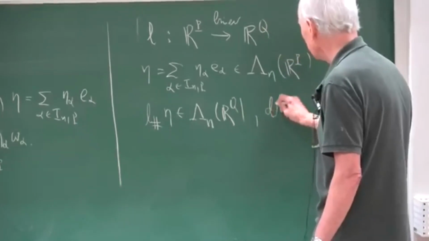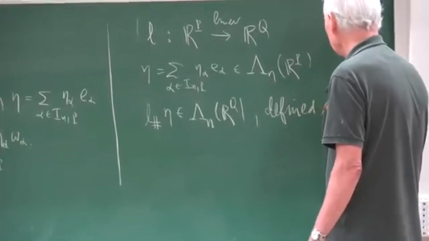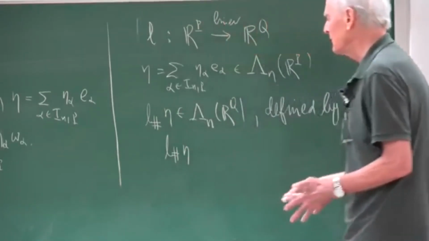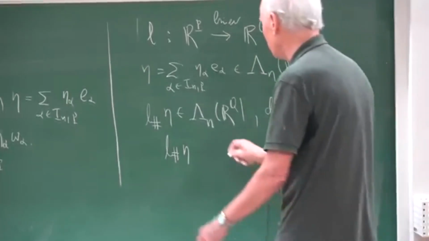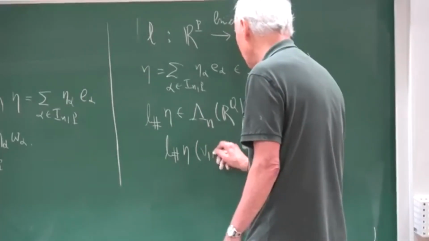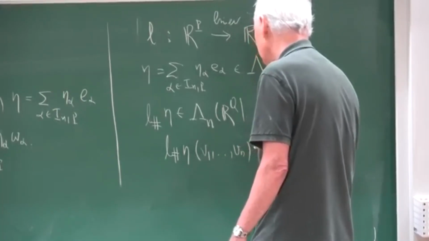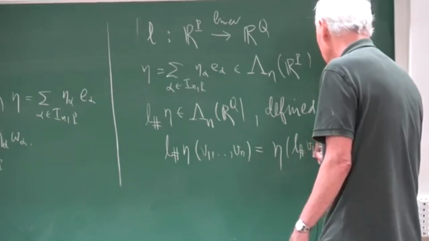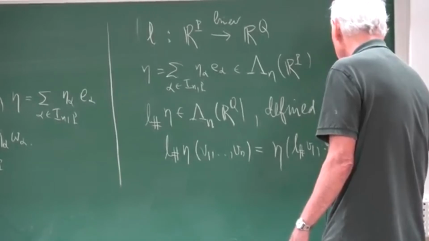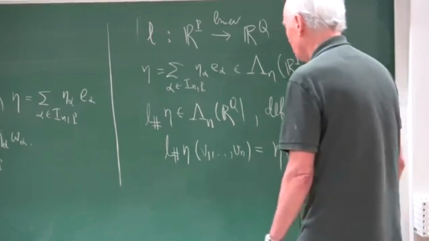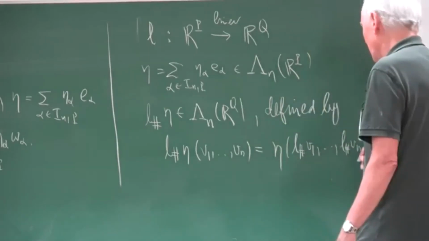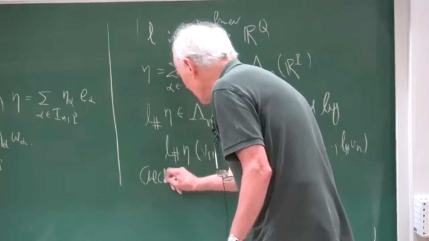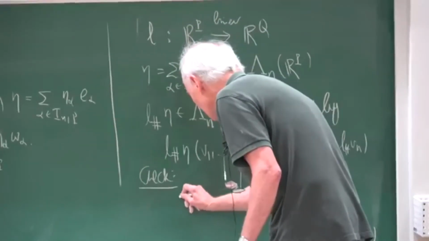And the definition is, it's defined by eta, L sharp eta. Now, to define it, I have to say what it does to vectors V1 up to Vn. Well, that's just eta of L sharp V1 up to L sharp Vn. Oh, yeah, that's right. And you can check that this is exactly dual to the pullback.